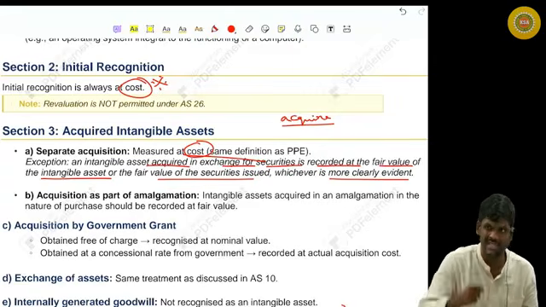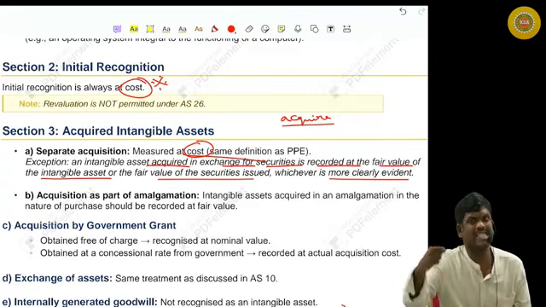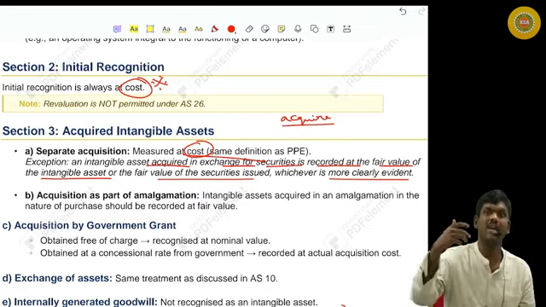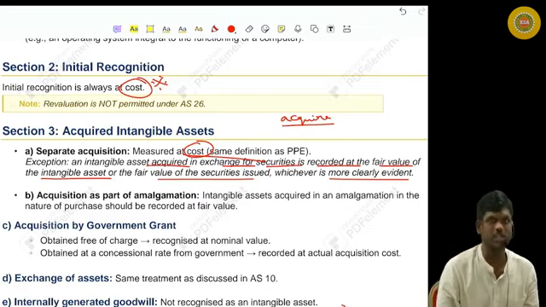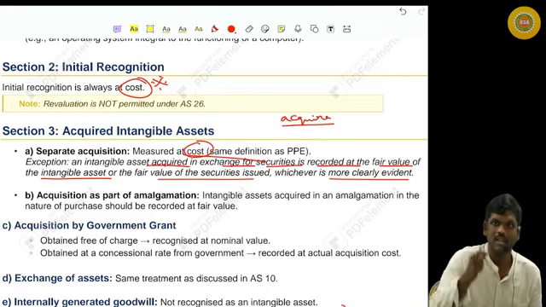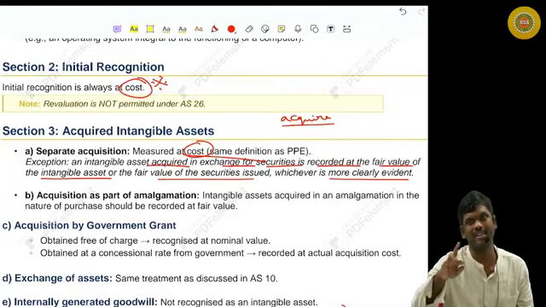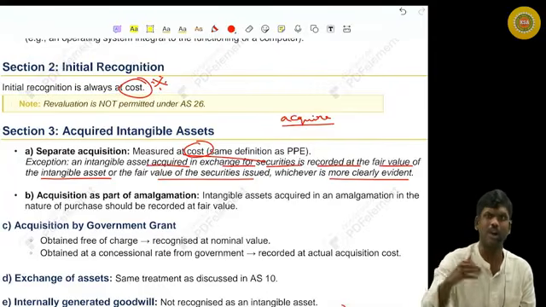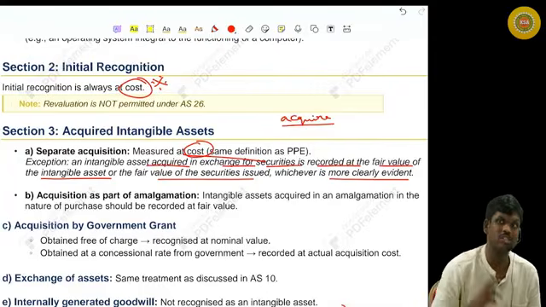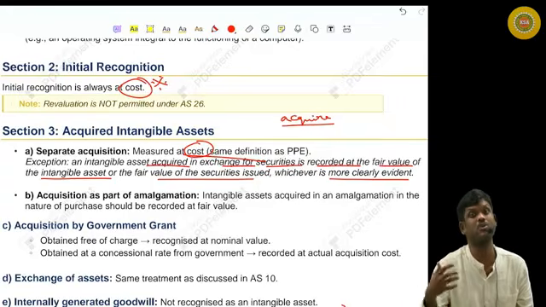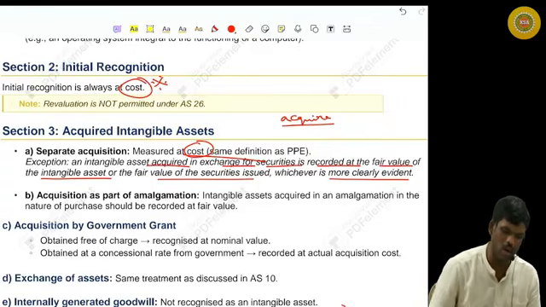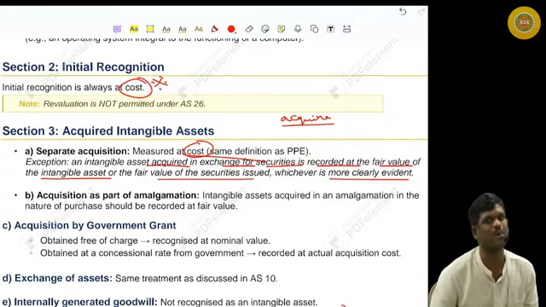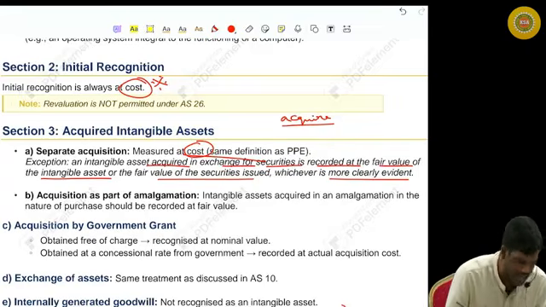AS26 specifically says whenever you are purchasing an intangible asset by giving away shares or debentures, those are called securities here, then the cost of that intangible asset will be either fair value of the intangible that you have acquired or the securities that you have issued, whichever is more clearly evident or whichever is more reliably measurable. Okay, so whenever you separately acquire an intangible asset, it should be measured at cost.